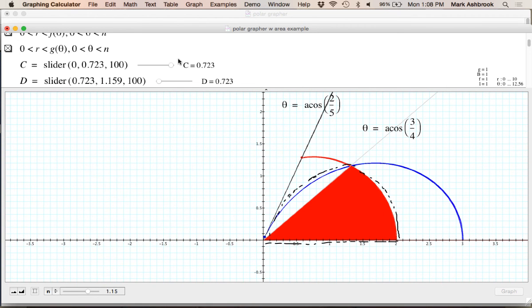But then when we hit arc cosine of 3/4, then what? It's going to be the integral of the other one, the 5 cosine minus 2, right? So now theta is going from arc cosine of 3/4 to arc cosine of 2/5. So in this case, we're going to add integrals using the different functions, right?